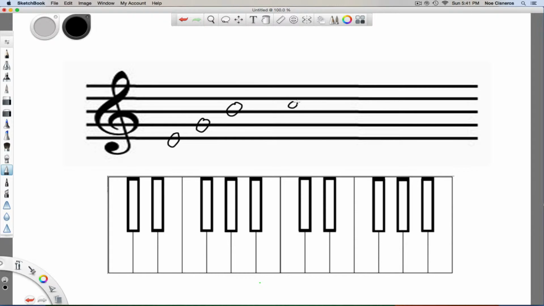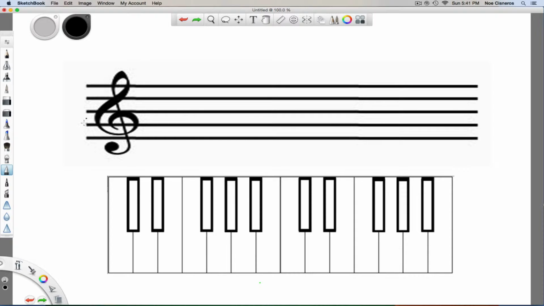So C, B, A, G, F, E, D, and C. So if you want to write music or play music, understanding those two primary things can get you a long, long way. So let's just focus on scales for today.